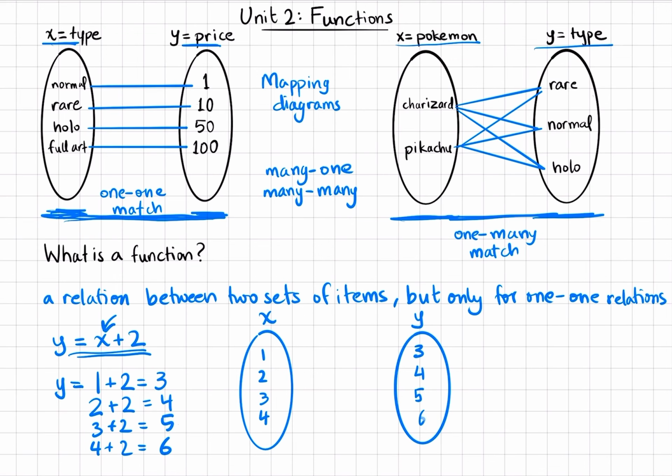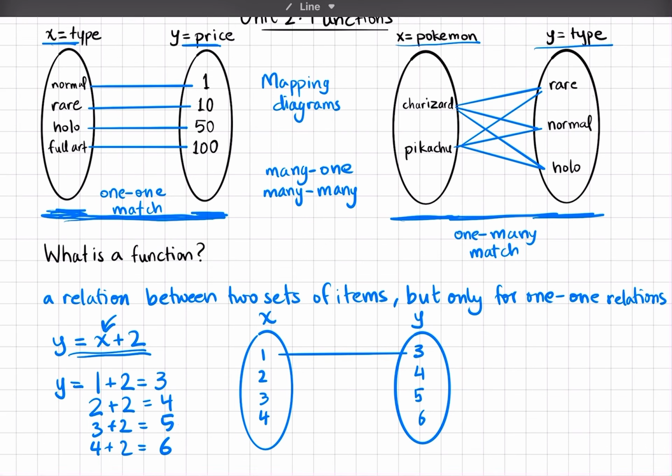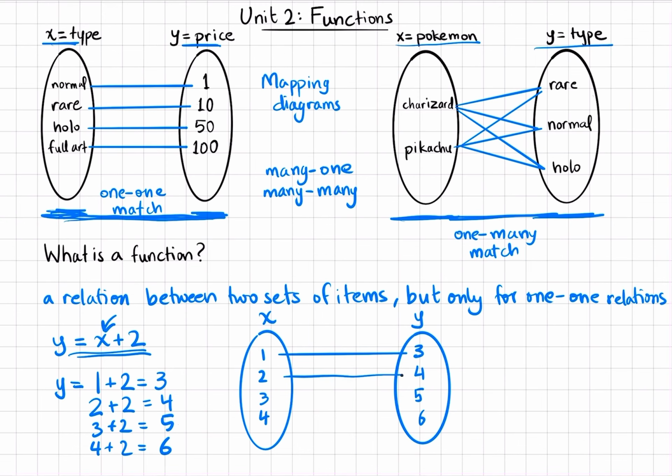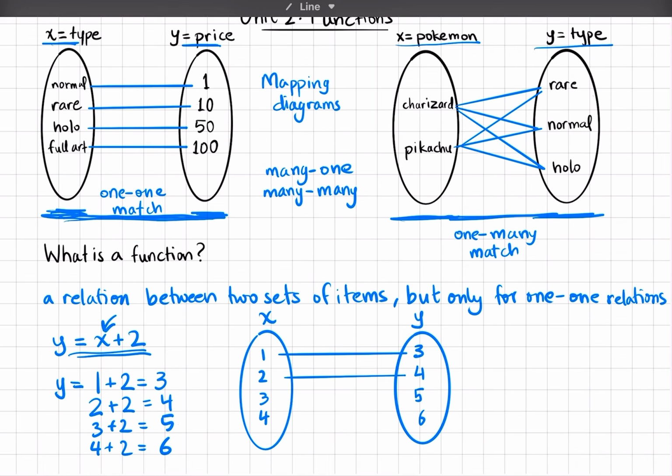So if I draw the map now, if I finish my mapping diagram, I'll see that when x is 1, it can only match with 3. No other value works, right? If x is 2, then it matches with y equals 4.